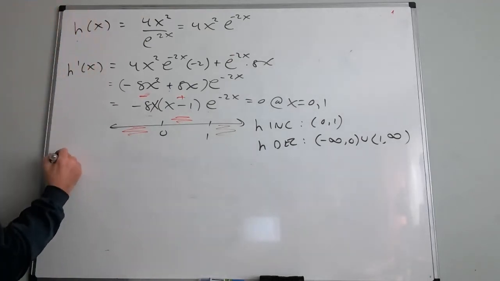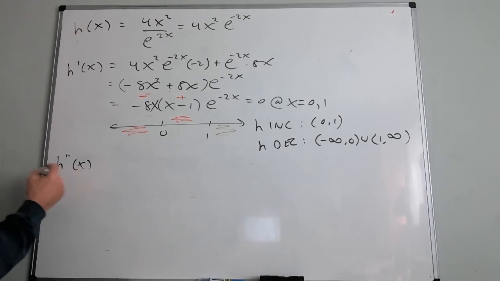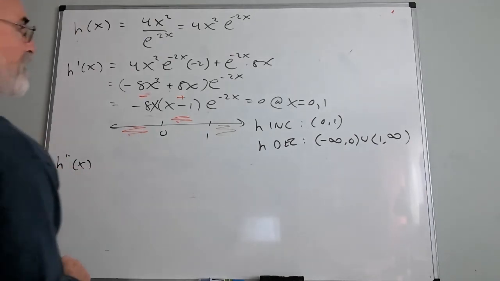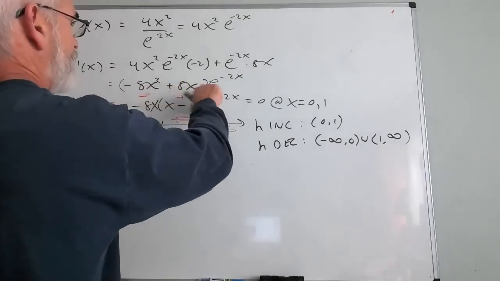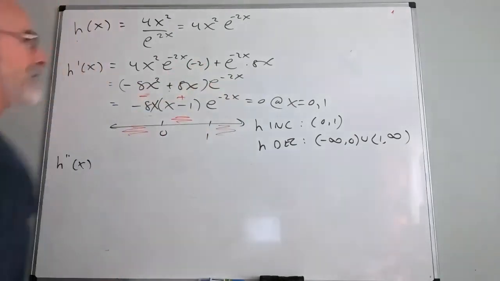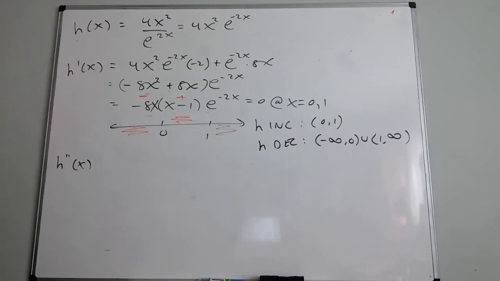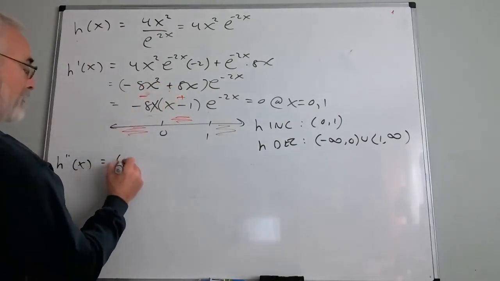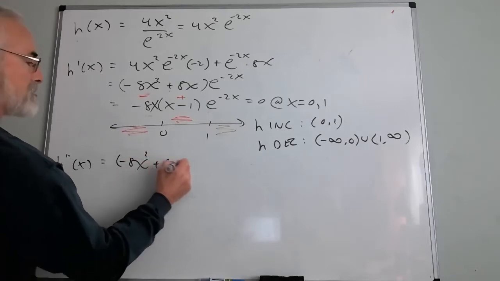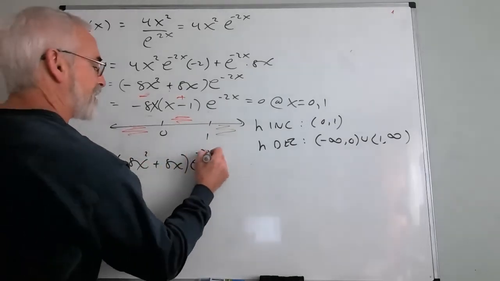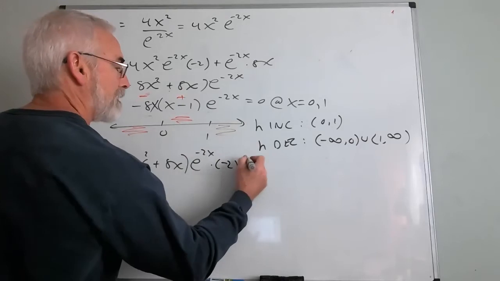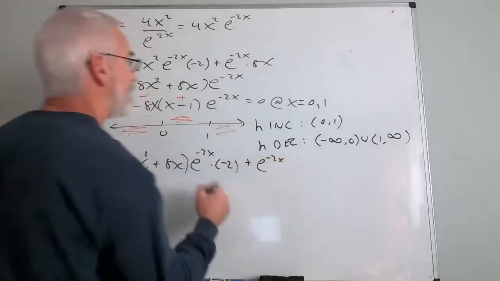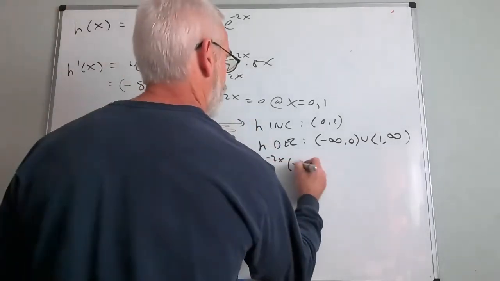Now let's do the second derivative. Differentiate it. It doesn't matter which form, but it might be easier to differentiate in this form because it's a polynomial times e; there's no advantage doing it any other way. So that would be first times derivative of the second plus the second times the derivative of the first.